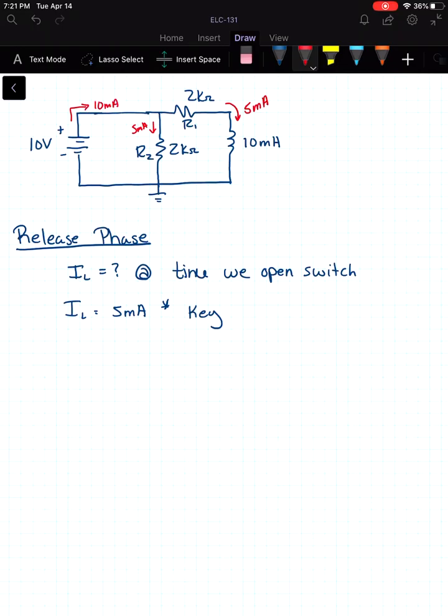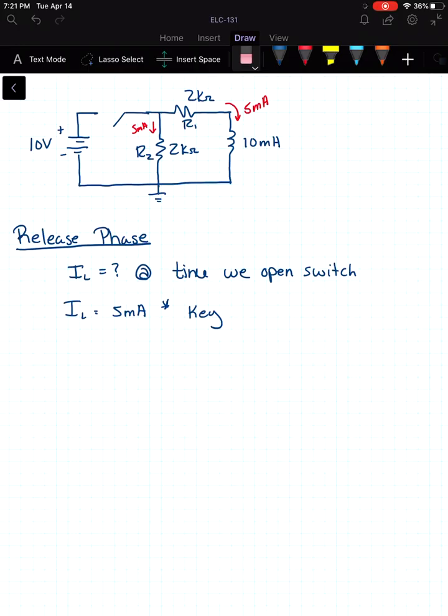All right, so when I open this switch, let's say I'm going to open up that switch. I want to keep my 10 right here. Now, I don't have 10 milliamps there anymore, right? Because I opened the switch. There's nowhere for that current to go. So I'm taking that away.